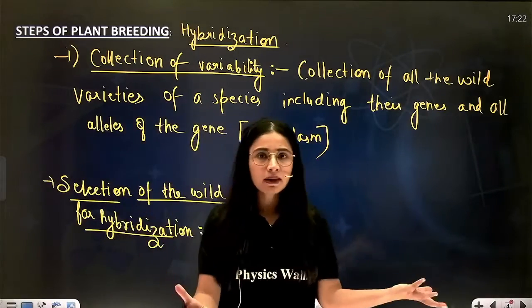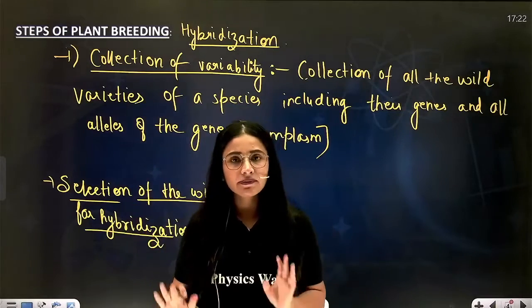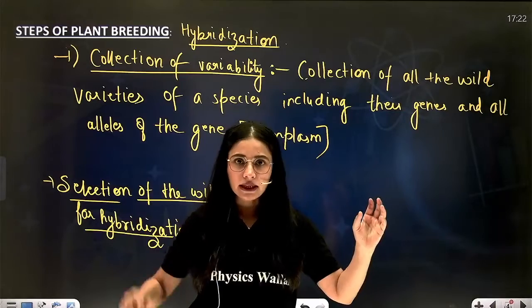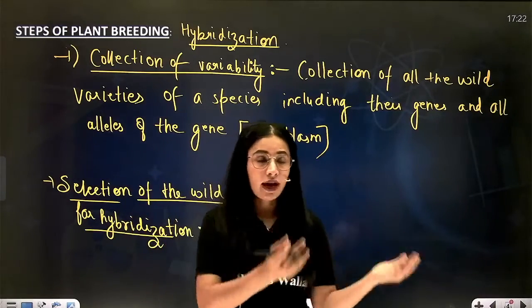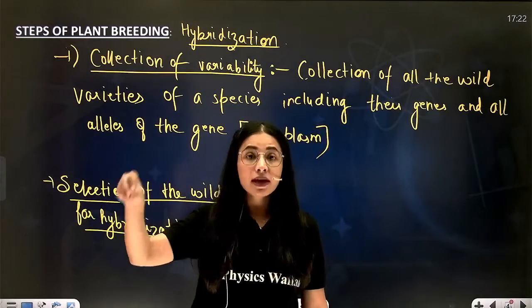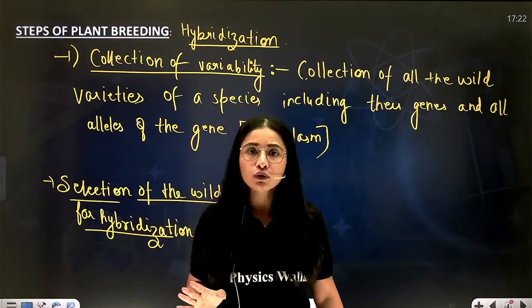I have a germplasm. I have all the good qualities of the varieties of a specific species. Now suppose one variety is having high yield property but not disease resistant. So as I told you, alone that property is of no use. Another wild variety of the same species is having disease resistance but not high yield. Again, it is of no use to the farmer.